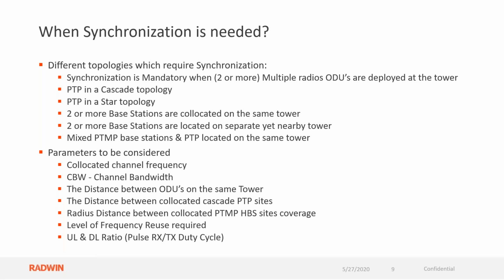So this is the advantage of the TDD, by the way. But when you are synchronized, remember that all the ODUs need to be on the same uplink and downlink ratio, because the clock impacts the TX and the RX duty cycle.